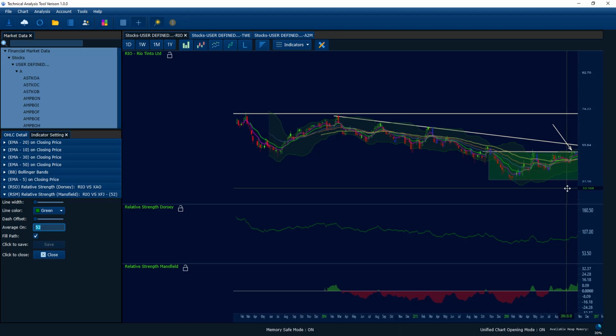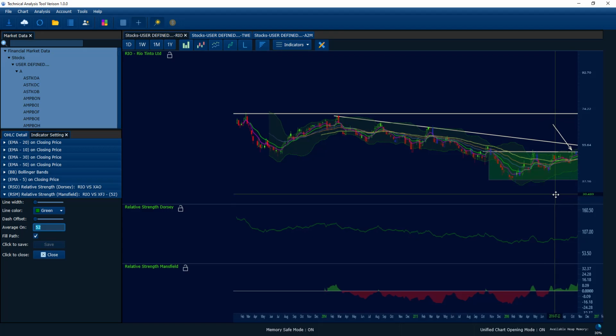before it breaks out, the RSM tells you this might have a successful breakout, right? Because right now it's notably outperforming the market.